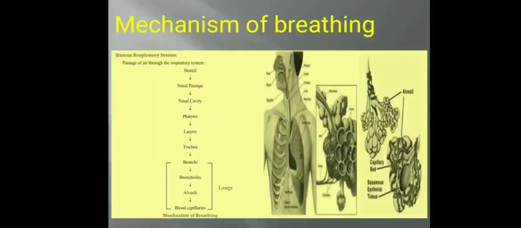That nostril leads to the nasal passage, the air comes to the nasal cavity, and then it comes to the pharynx. Pharynx leads to the larynx, which is found in the digestive and the respiratory system also. My dear students, then this leads to the trachea. Trachea is a windpipe which is covered with tracheal rings, cartilaginous rings. This trachea leads air to the bronchi.